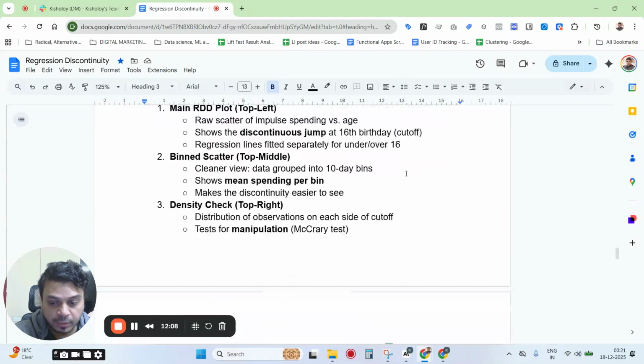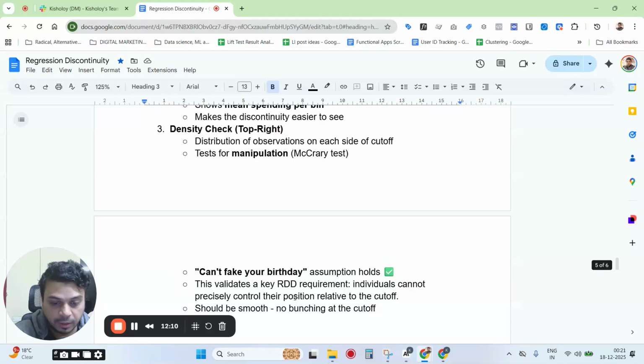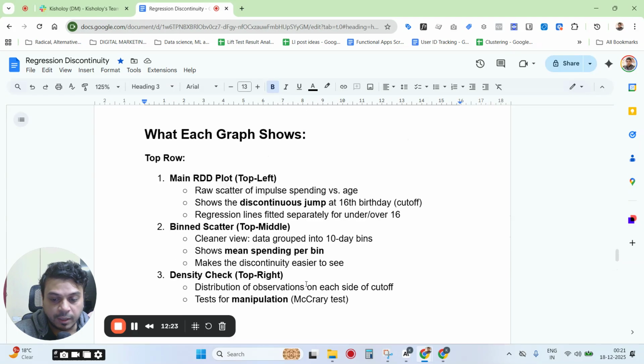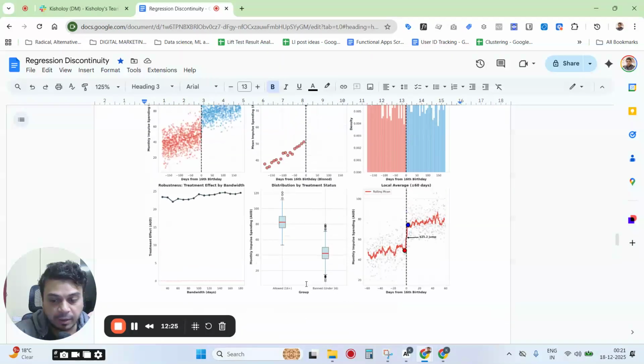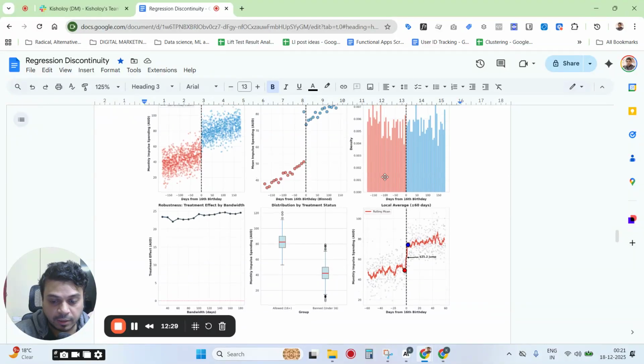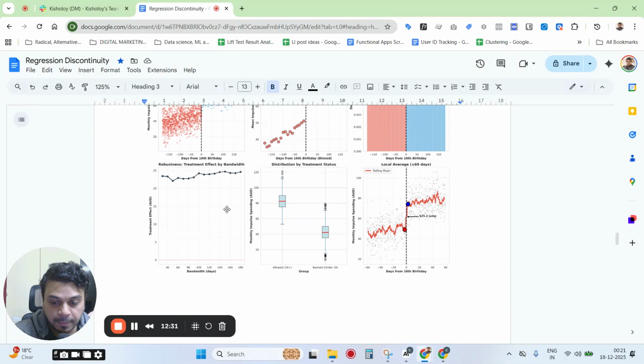So this validates a key RDD requirement, that individuals cannot precisely control their position relative to the cutoff. That's a very important point: people cannot just lie, and therefore there's no bunching around the dotted line, which shows that this test has been passed.